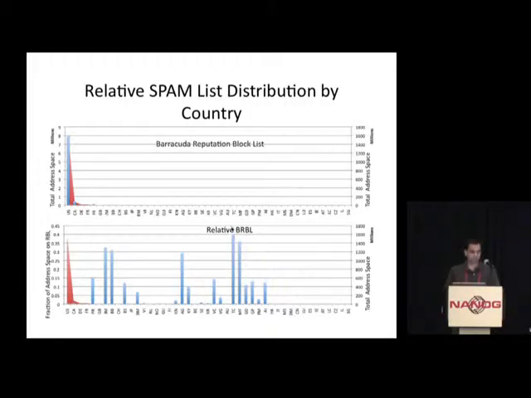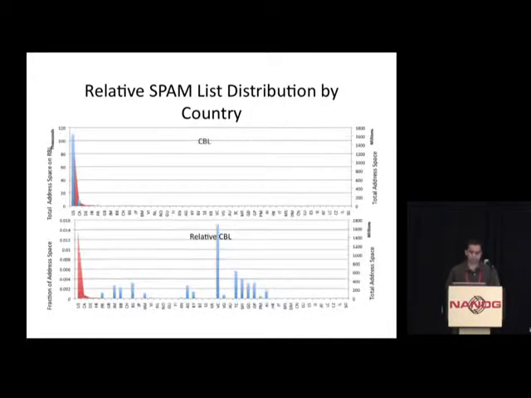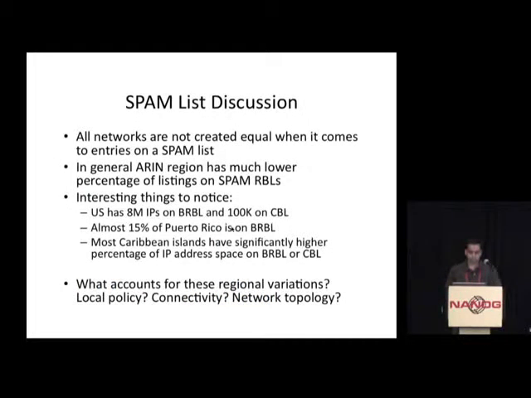And you can see it's starting to show a much more interesting trend. The same thing for the CBL data source, and it's roughly comparable. So, where are we getting at? Not all networks are created equal when it comes to entries on a spam list. In general, the ARIN region has a much smaller percentage of listings, and the only thing we can say is that the US is such a large allocation that it sort of blurs out anything else.